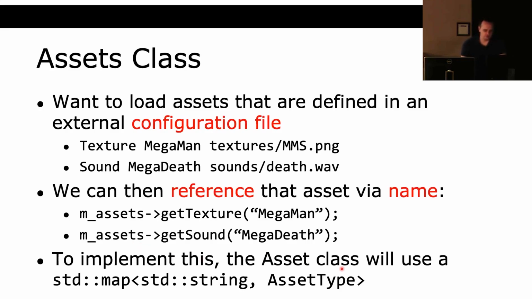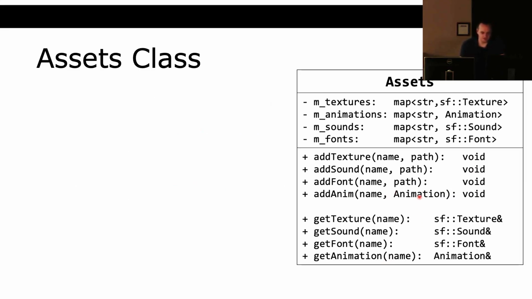And so to implement this, the asset class will have 4 different maps from strings to the type of asset that we want to store. So here's what the asset class is going to look like. We're going to have 4 private variables. Those are the maps for each type of asset that we want to store. And then we'll be able to add each of those assets and retrieve each of those assets.